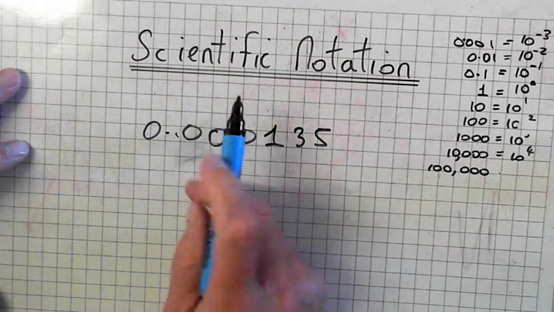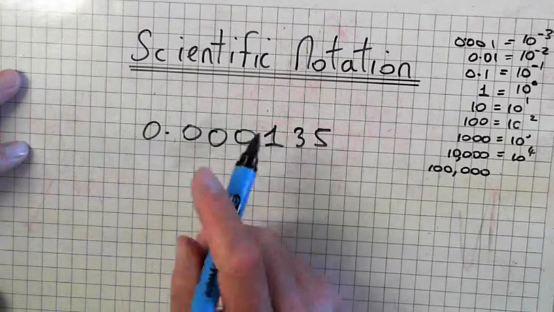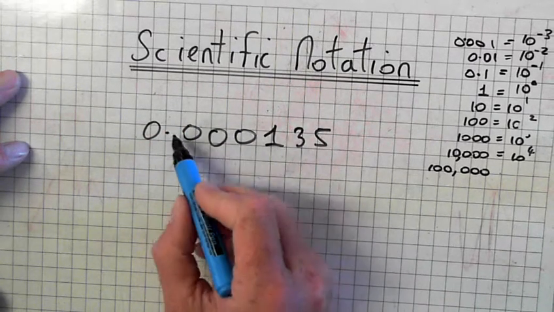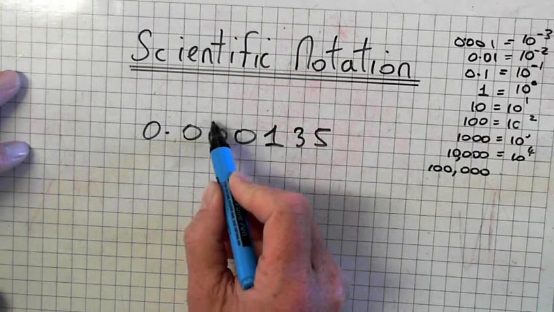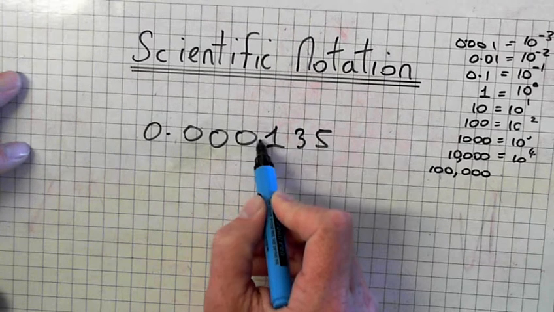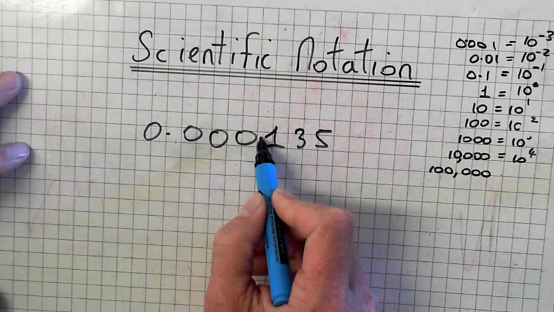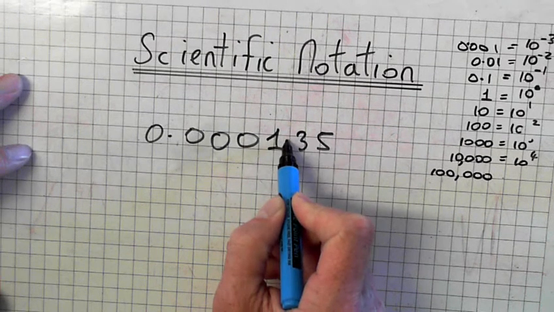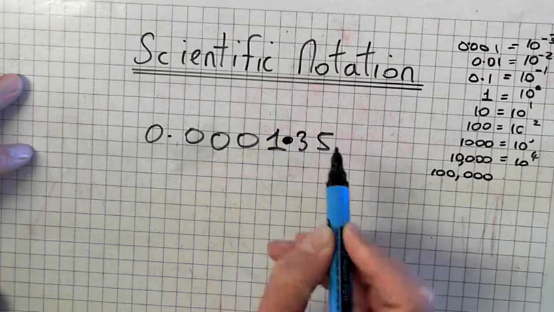Alright, I keep jumping until my number is between 1 and 9. 1 jump. 2. 3. Is my number between 1 and 9? That's 0.135. No. 4. Yeah, there you go. Alright, 1.35 is between 1 and 9. So I jumped 4. So I'll stop there.